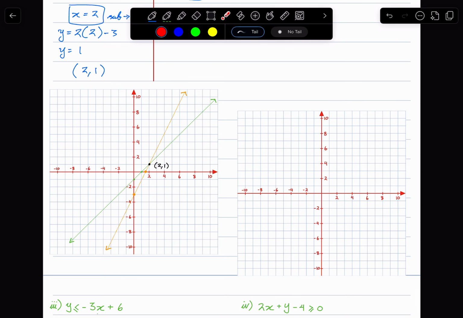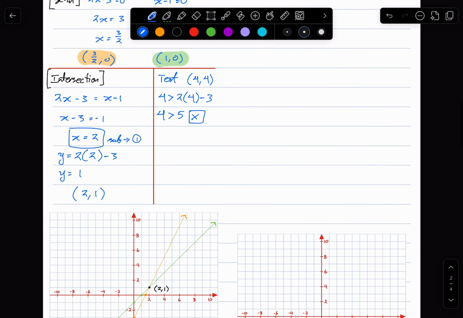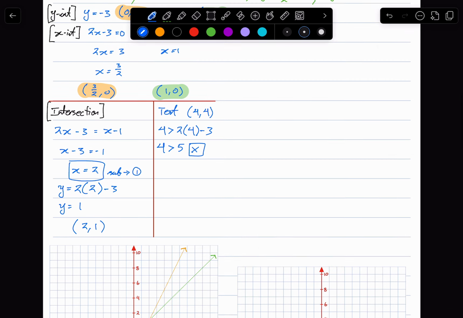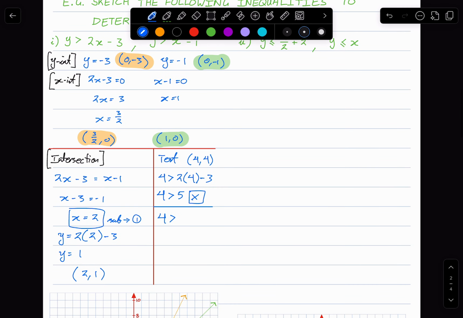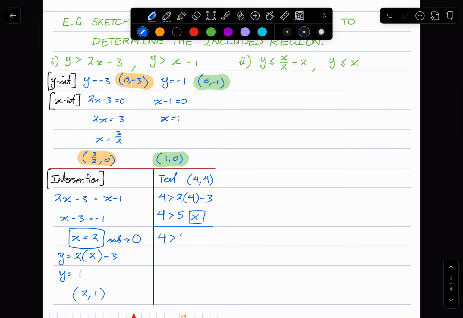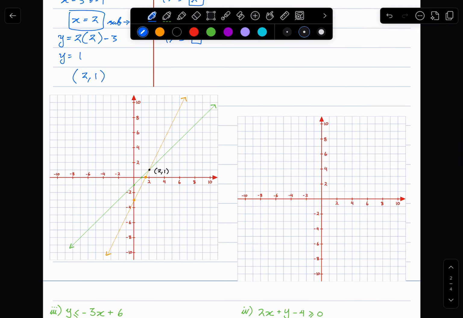So it won't be here, and we wouldn't sketch this region. But if we test it for the other one, it would be 4 is greater than 4 minus 1, which is 4 is greater than 3. So that one does work.